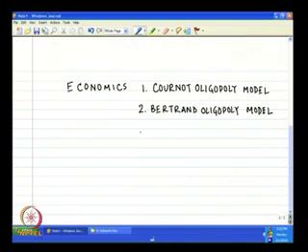Then we shall be talking about what is known as electoral competition. This is from political science, and of course, in economics also there is a sub-discipline called political economy.